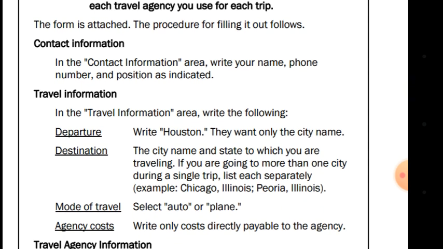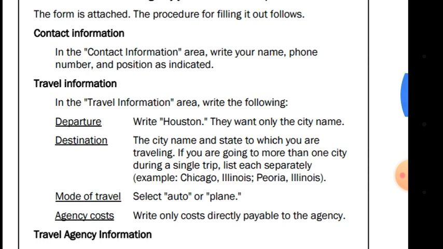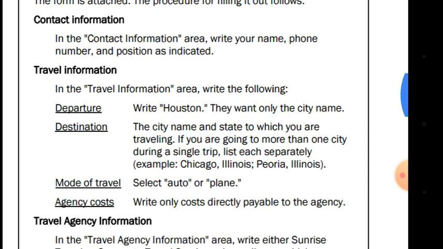Also, if you look at the travel information, he used subheadings like departure, destination, mode of travel, and agency cost. So the writer decided that these fields needed explanation, so he broke them out into lists and sublists. The field names are clearly identified and the explanations indented to make them easy to read, tabulated here.